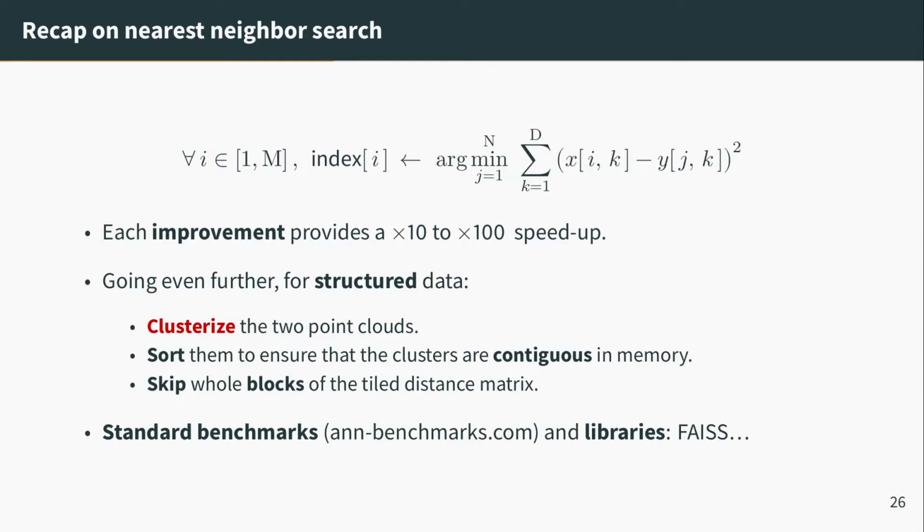So FAISS stands for Facebook AI Similarity Search, because making a nearest neighbor computation is the same as finding the most similar vectors, and it's very useful to decide what content you're going to show to users, etc.